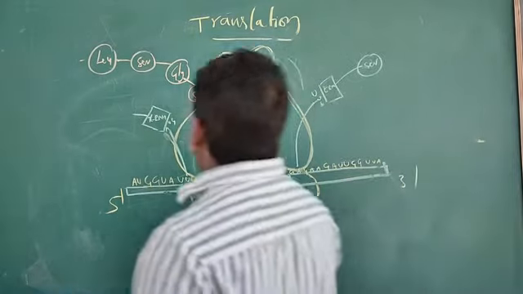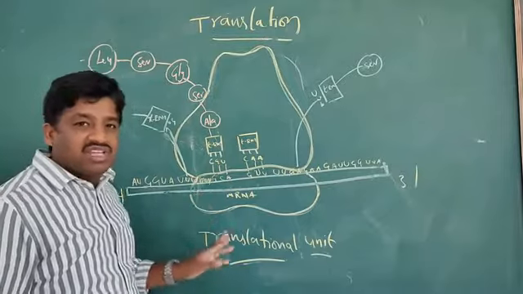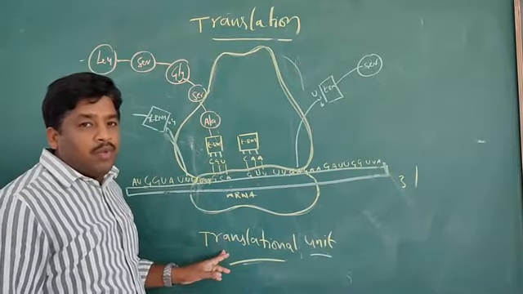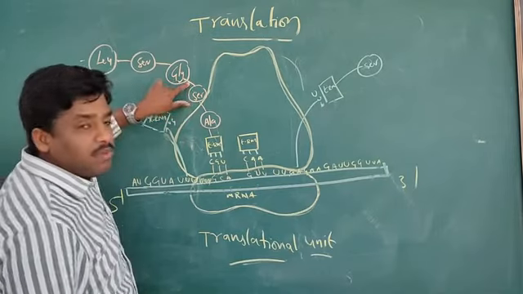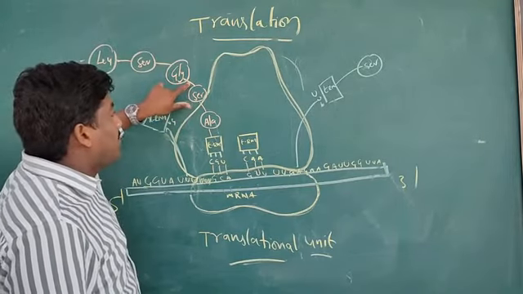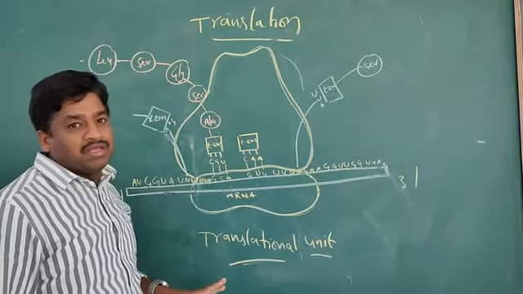Here in the translation unit, I already said what is meant by translation. The amino acids are joined by a bond, this is called a peptide bond. For its formation it requires energy, which is called ATP.